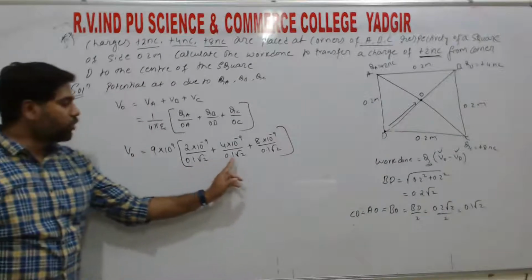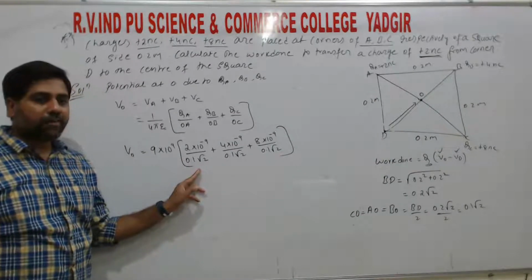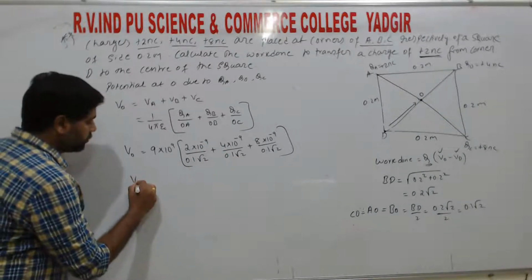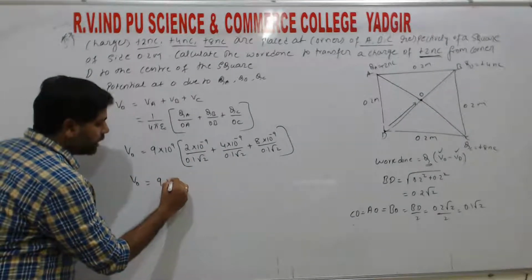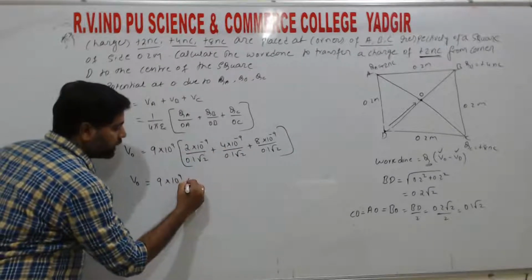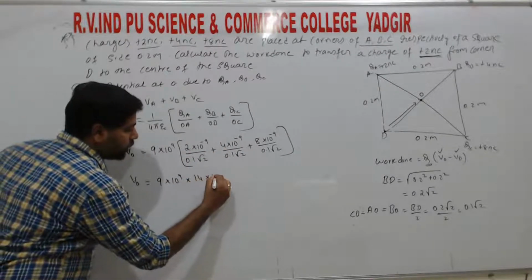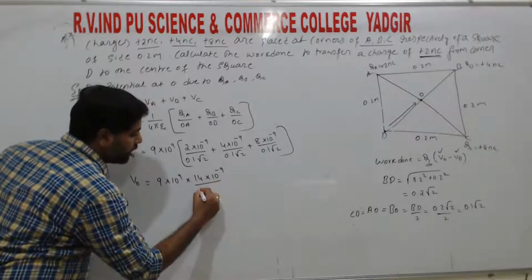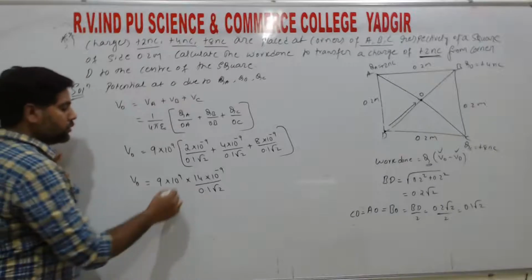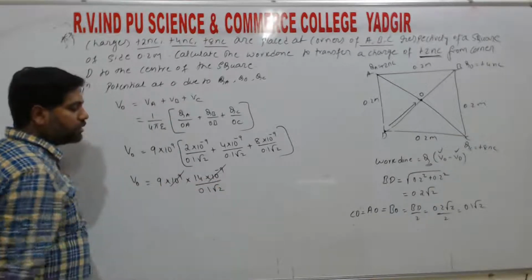Here in the denominator all the terms are the same, so we can directly add the numerators. So VO is equal to 9 into 10 to the power of 9 into 8 plus 2 plus 4, that is 14 into 10 to the power of minus 9, divided by 0.1 root 2, right? So 9 minus 9 cancels.